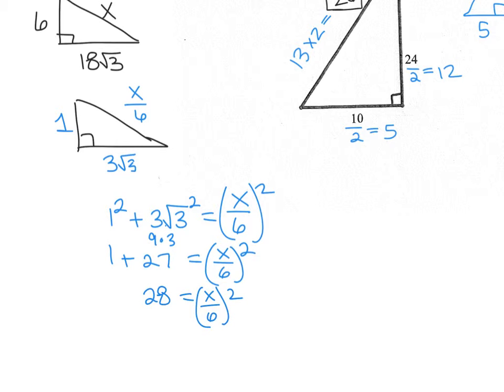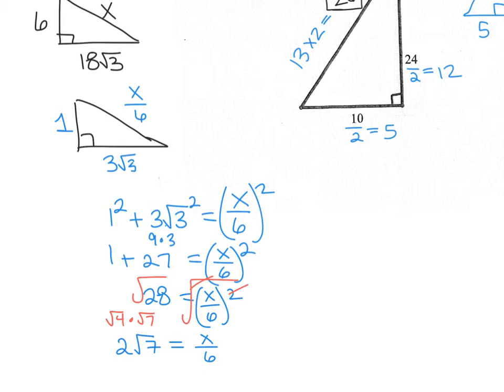Now, I don't want that squared anymore, so I'm going to take the square root of both. So square root of 28, we can take out, you got the square root of 4 times the square root of 7. So that simplifies into 2 root 7, and that is equal to x over 6.